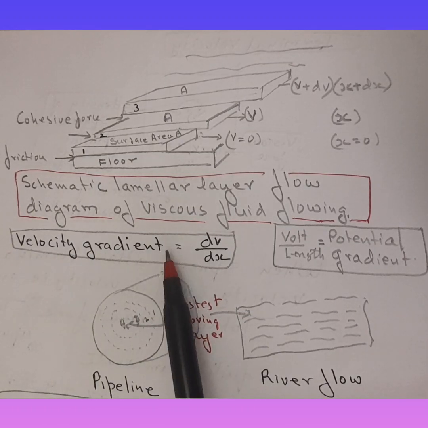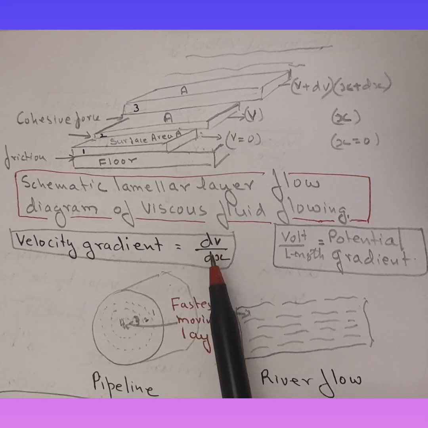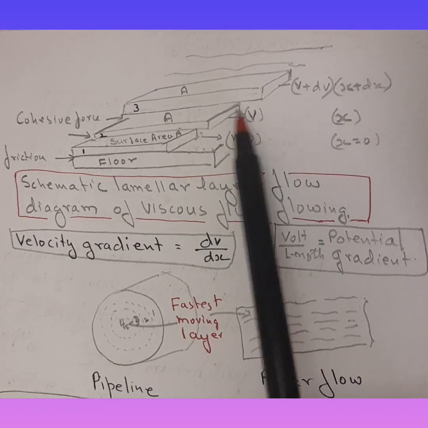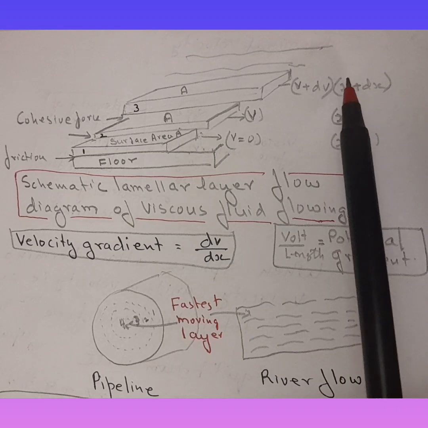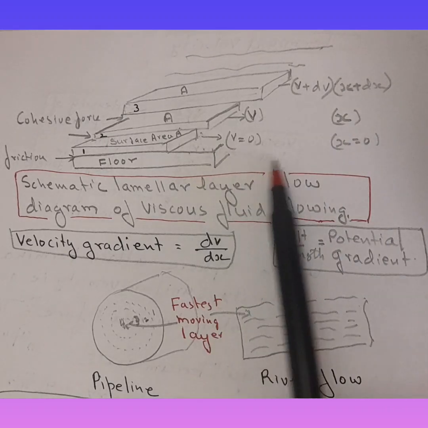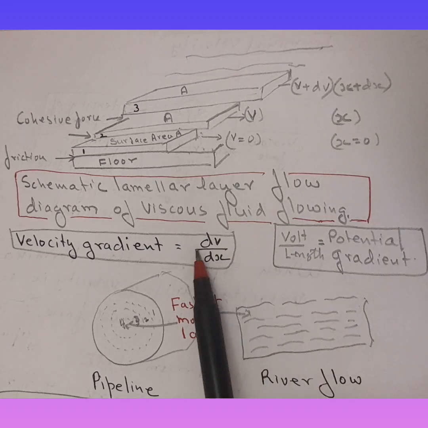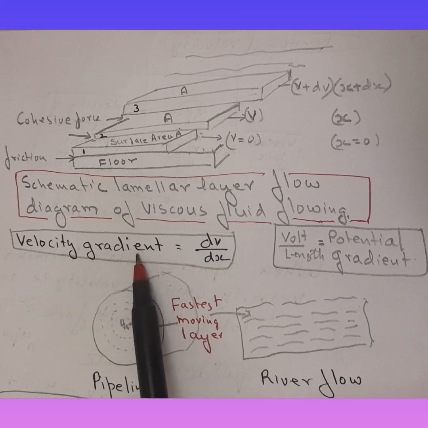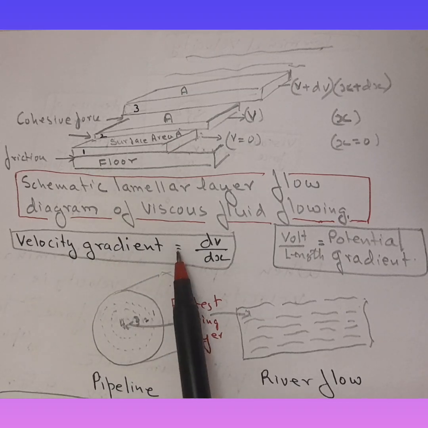Velocity gradient is one of the terms which is very frequently used in viscosity. Velocity gradient is dV by dx, that is, the difference in velocities between laminar layers upon the difference in distance of those layers from the floor. So dV by dx, difference in velocity upon difference in distance, is called velocity gradient.